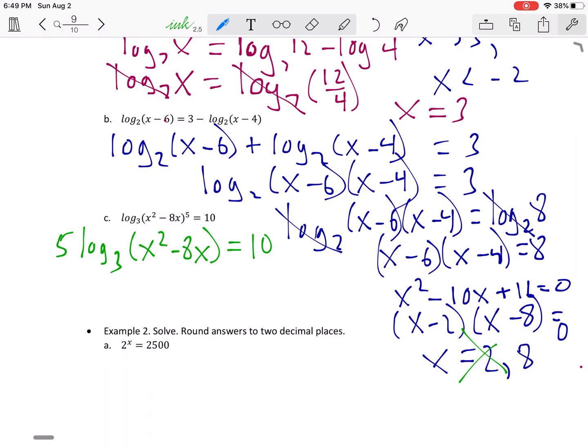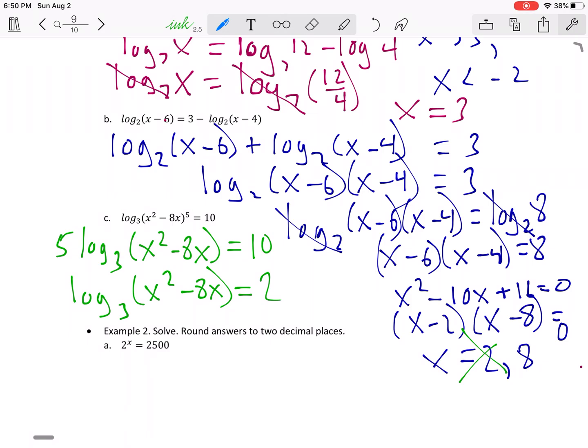What we can do first is divide both sides by 5, so it becomes 2. That makes it a little bit easier.